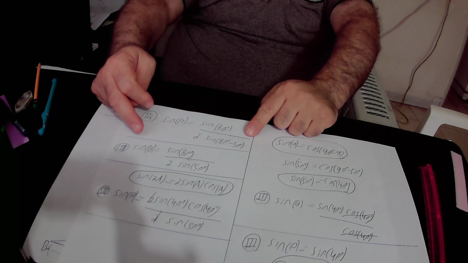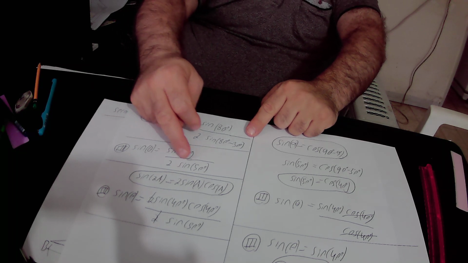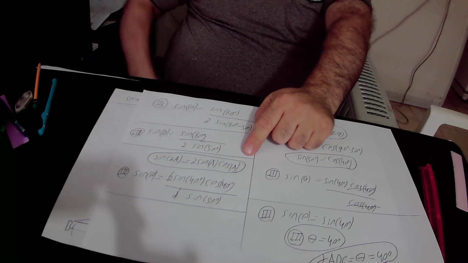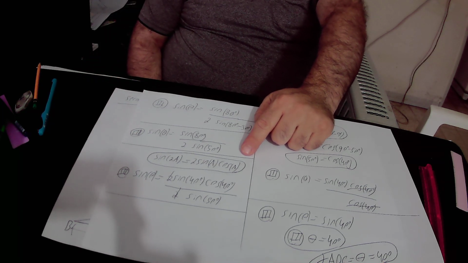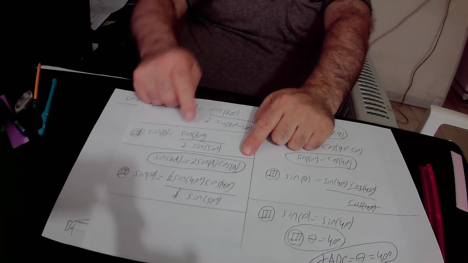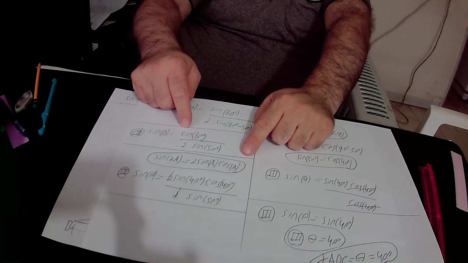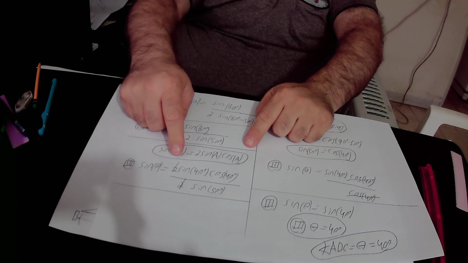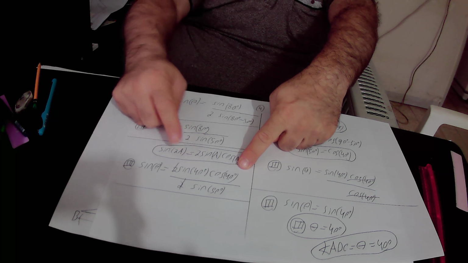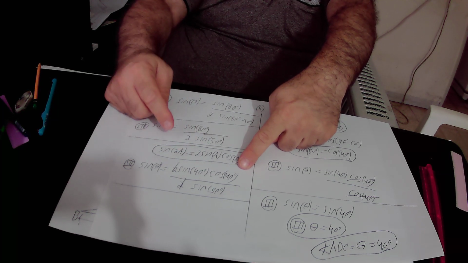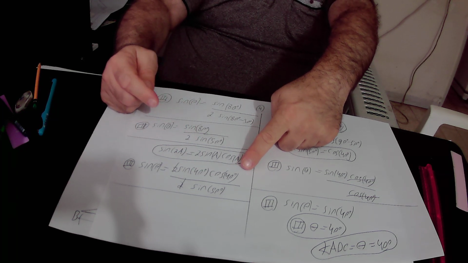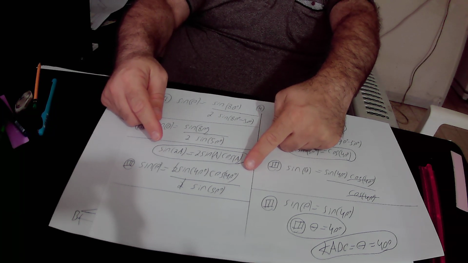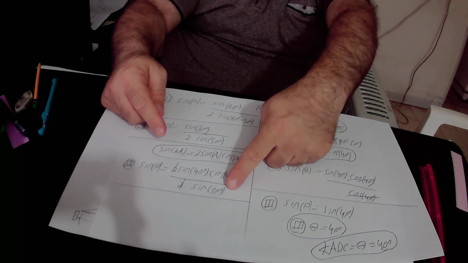So sine theta equals sine 80 degrees over 2 sine 50 degrees. And we used the trigonometric identity that sine 2a equals 2 sine a cosine a in order to substitute sine 80 degrees by 2 sine 40 degrees cosine 40 degrees. According to this trigonometric identity, it is true. So we got that sine theta equals 2 sine 40 degrees cosine 40 degrees over sine 50 degrees.